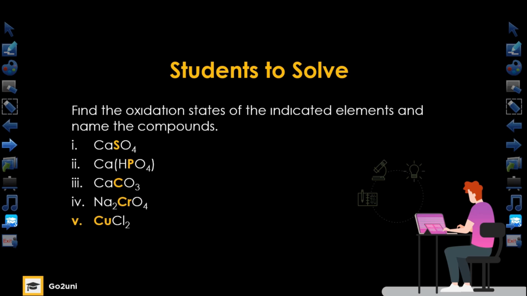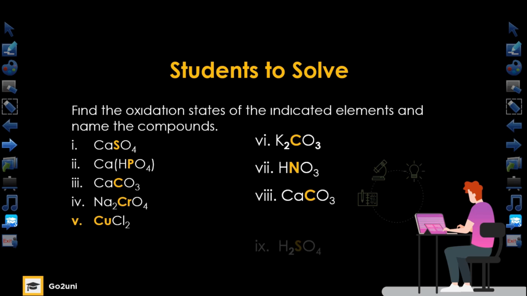You have to solve for the oxidation state of the elements in yellow. That is to test our comprehension. We are going to proceed to our next subtopic, balancing of redox reactions.